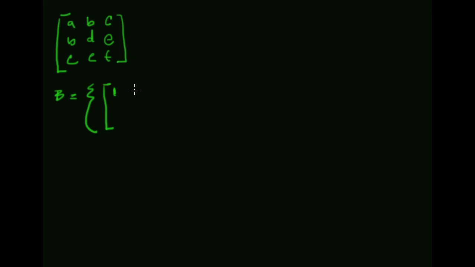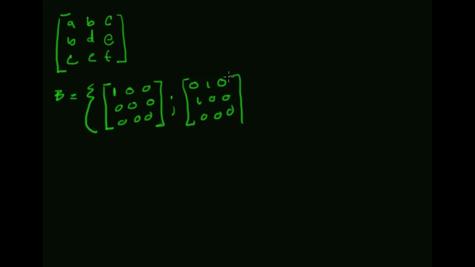So I'm going to put a 1 where the A is, and then zeros everywhere else. I'm going to put 1s where the B's are, and zeros everywhere else. I'm going to put 1s where the C's are, and zeros everywhere else.